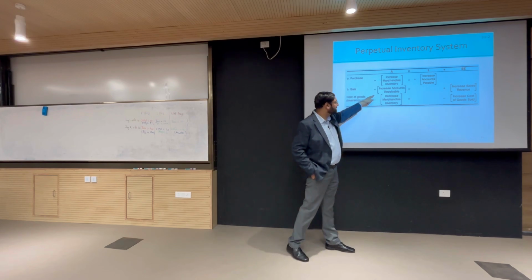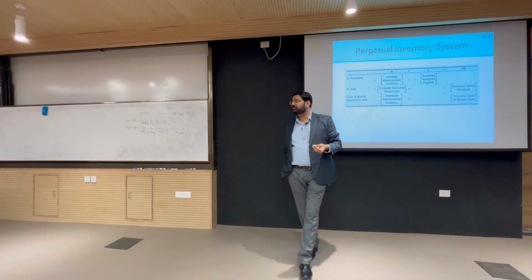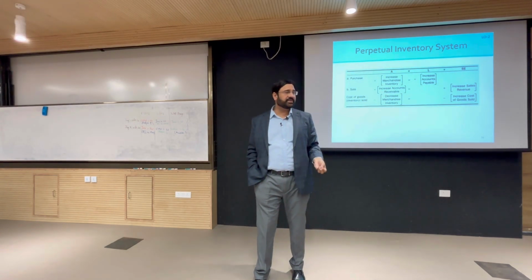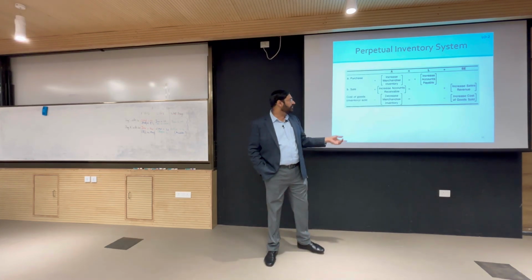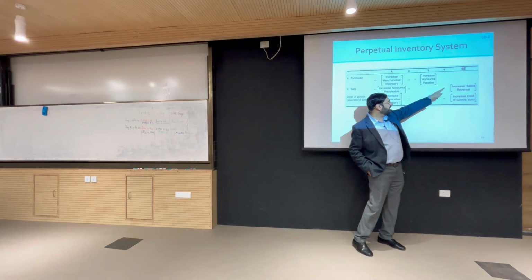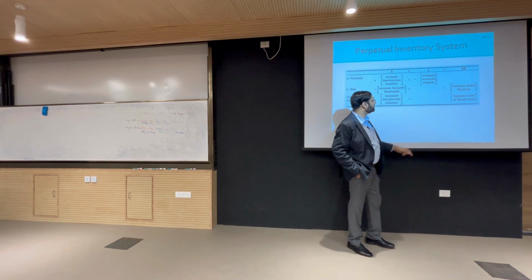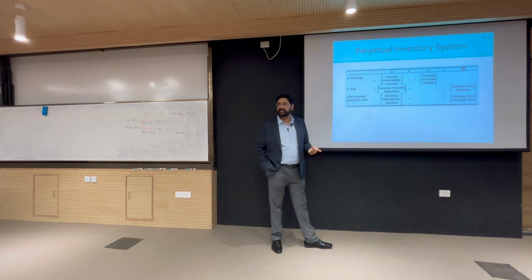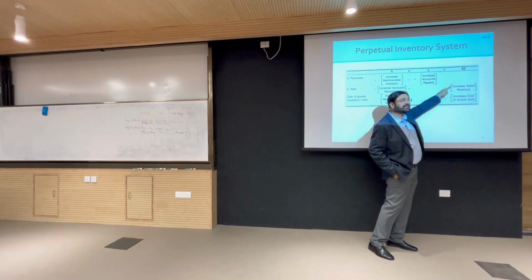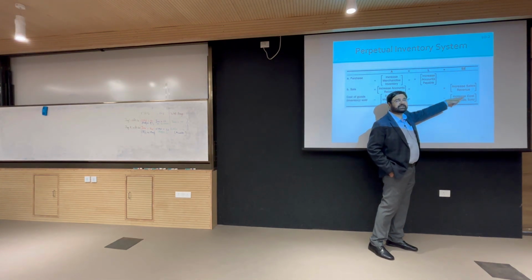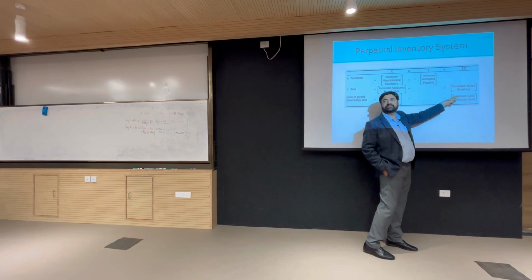And at the same time, the moment we sell, we sold goods at 100 rupees, but the actual cost to us was how much? 80 rupees. So here we will show 100 rupees and immediately we will account for the cost of goods sold of 80 rupees. So that will reflect the fact that the net effect, 100 minus 80, is actually reflecting the profit on sale.